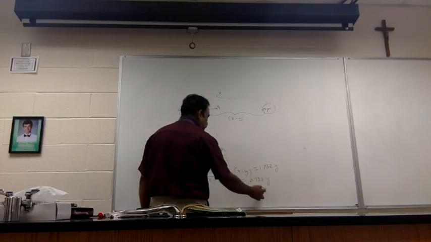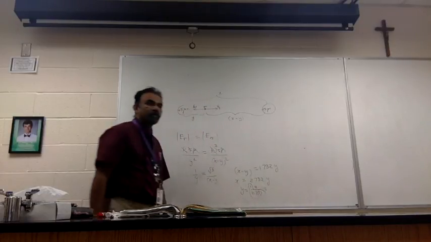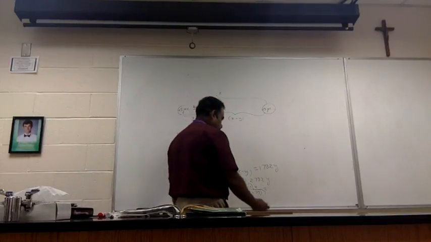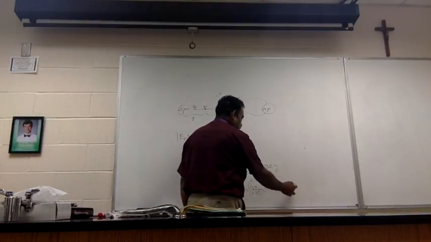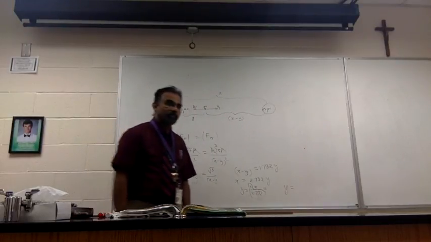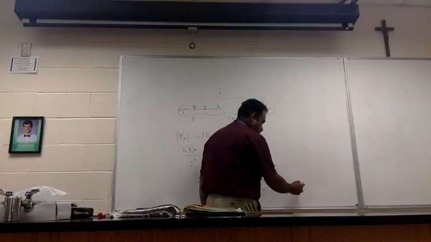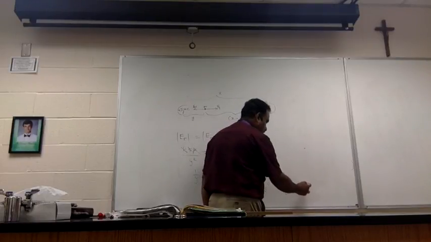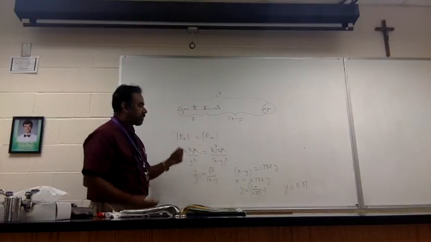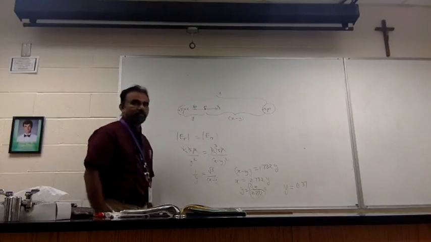How much is that? What is the reciprocal of 2.732? It's 0.37. So therefore y is 0.37x.